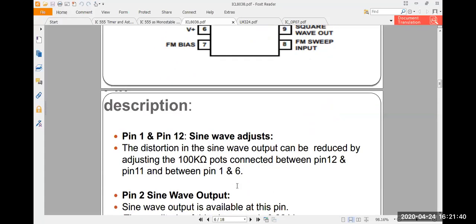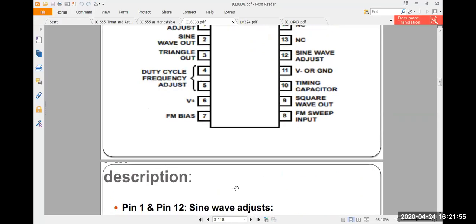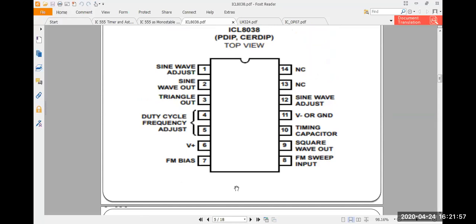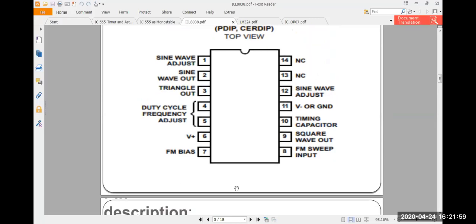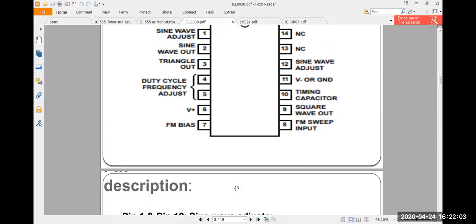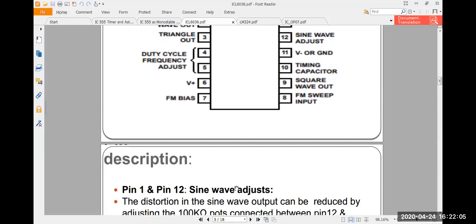Pin number 1 and 12 are sine wave adjusts. The distortion in the sine wave output can be reduced by adjusting 100 kilo ohm pots connected between pin number 12 and 11 and pin number 1 and 6. So this is the information as far as how to use this particular IC for a particular application.